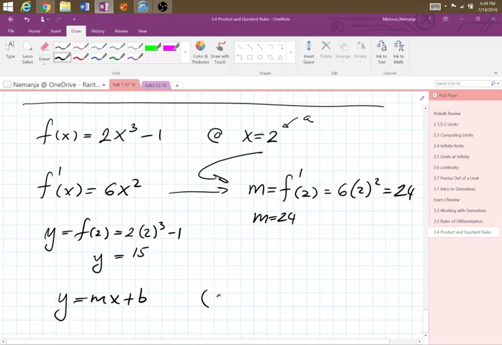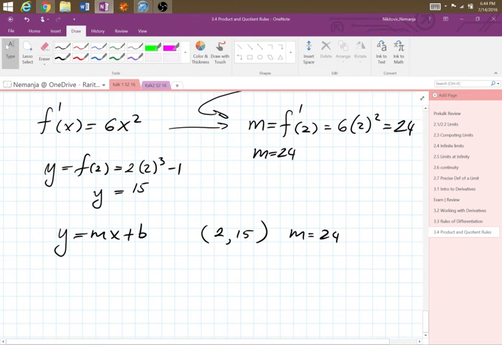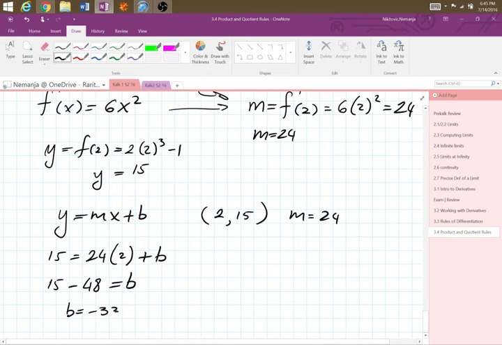We have 2 and 15, and we have that m is 24. Plug everything in. 15 is equal to 24 times 2 plus b. 15 minus 48 is b. So b is equal to negative 33. So the tangent line at (2, 15) is y equals 24x minus 33.